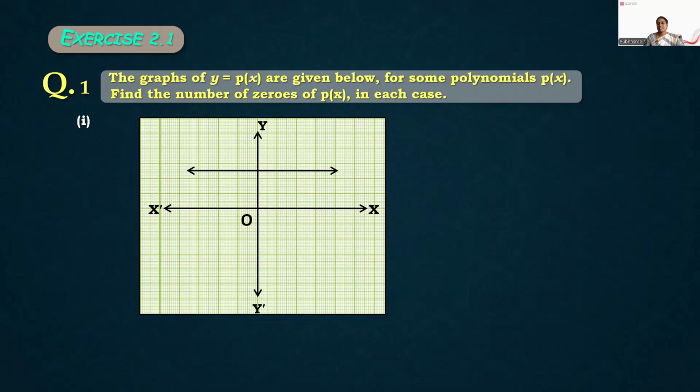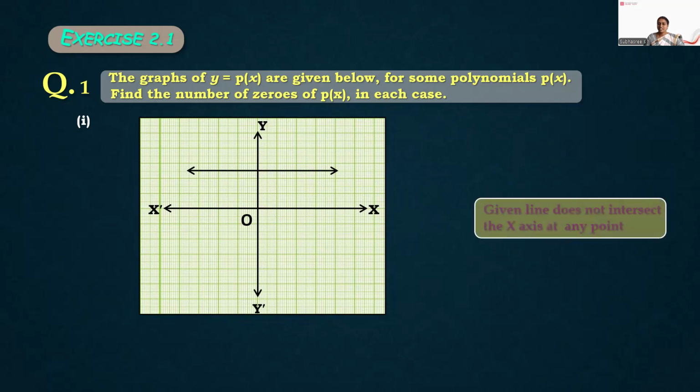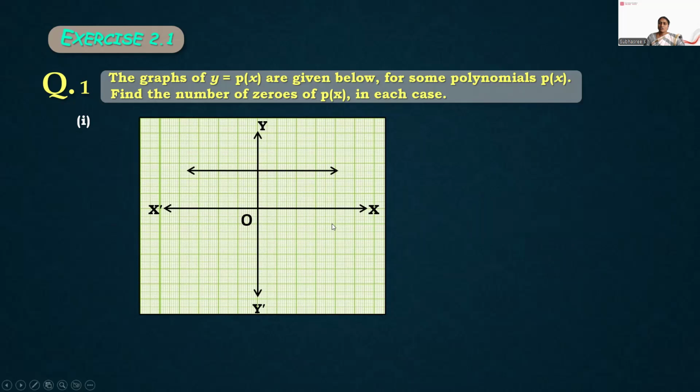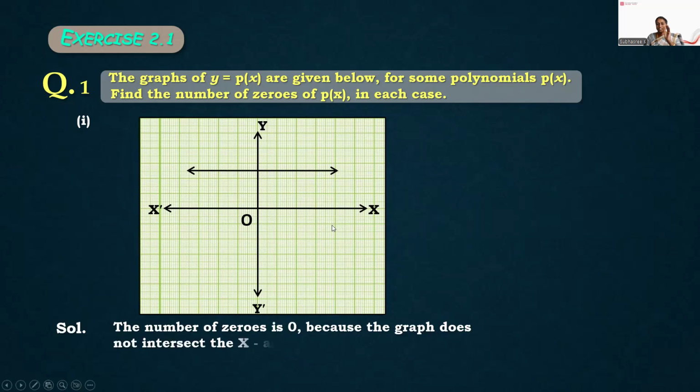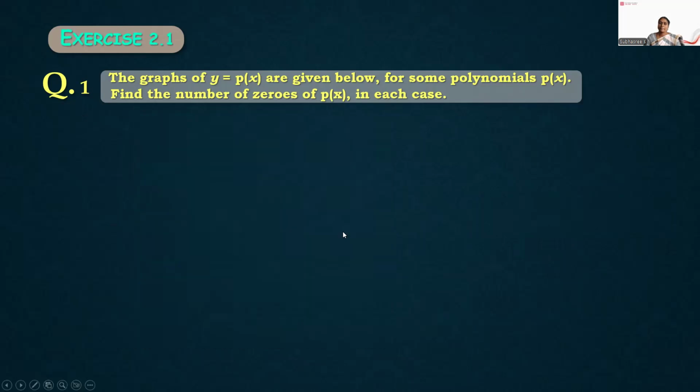Is it touching? No. None of the points drawn here touches the x-axis. So we say the number of zeros is zero only. Very super question, no? The number of zeros is zero because it doesn't intersect the x-axis at any point.